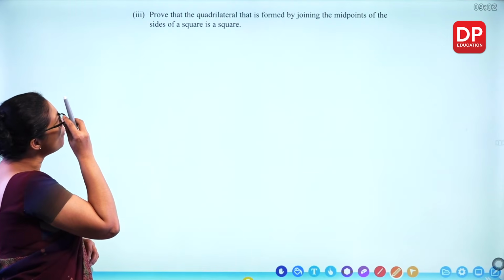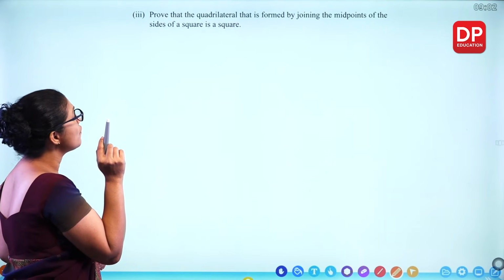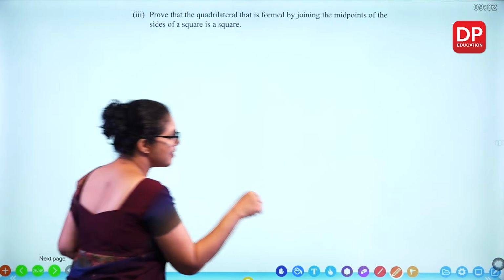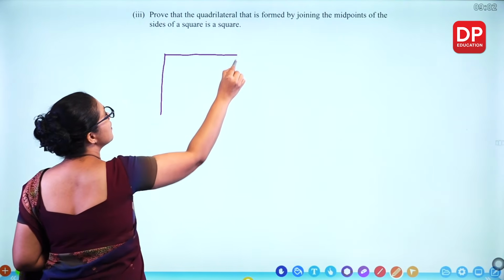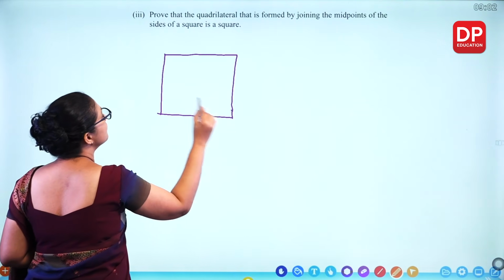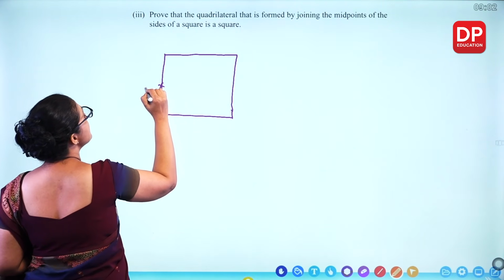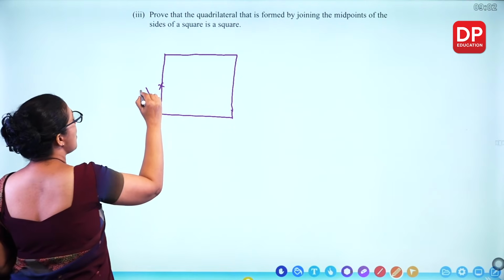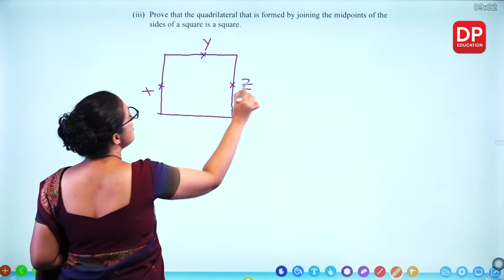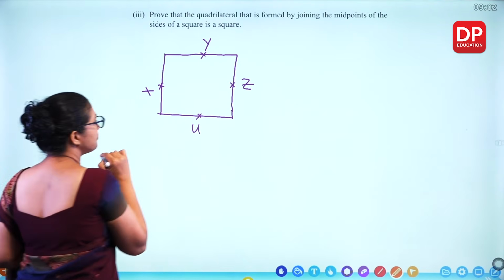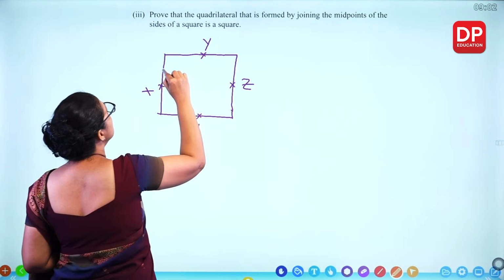Next part, prove that the quadrilateral that is formed by joining the midpoints of the sides of a square is another square. Now the shape is a square. So all sides are equal. Now we'll take midpoints as X, Y, Z, U. What can you say about these?